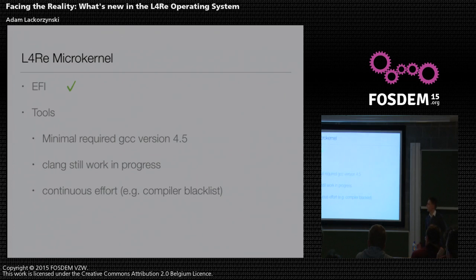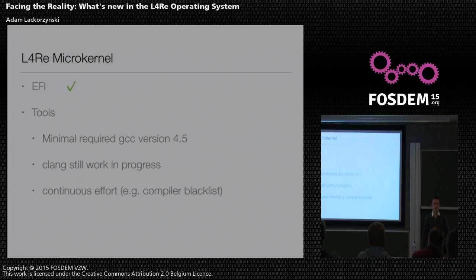On the tools front, we bumped the minimal required GCC version to 4.5 for Fiasco. Clang is still work in progress, so we are wiping out the last GCC specific parts and trying to work around compiler specific characteristics. This is still a continuous effort.